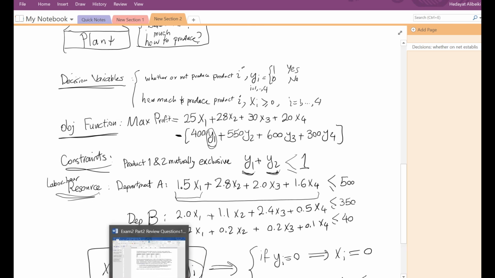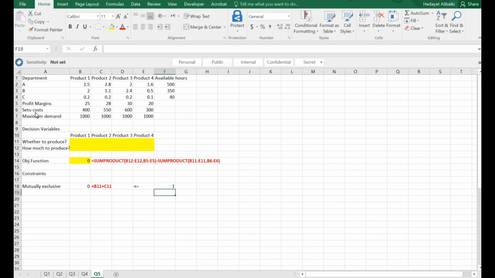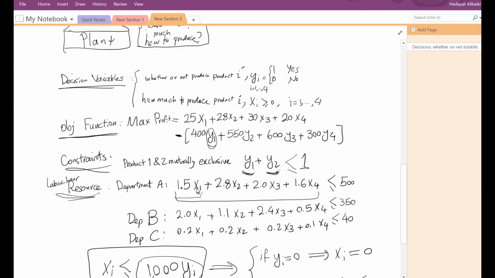And then we have the labor hour resource constraint. So we had 3 departments. If we go back again here, we'll see that these are some products of xi and working hours from each department.